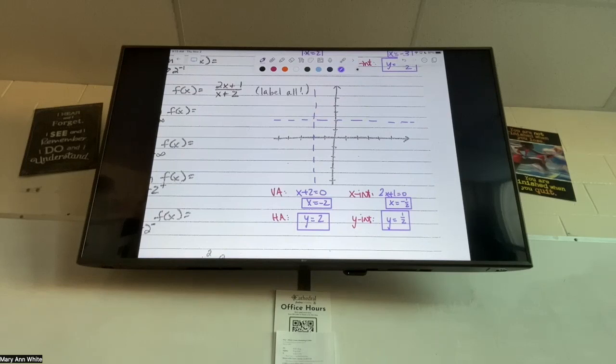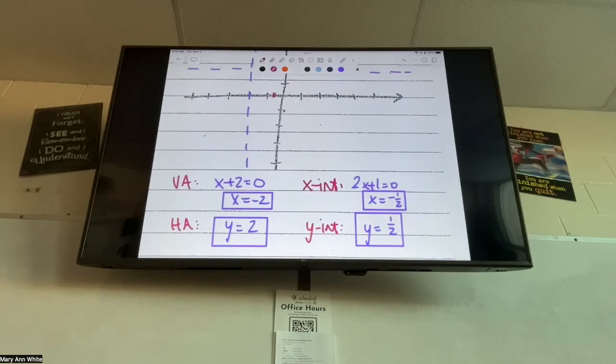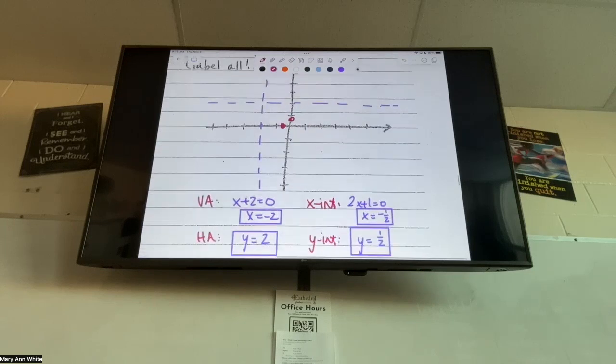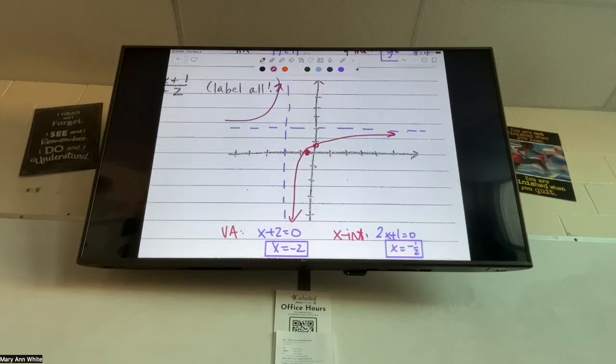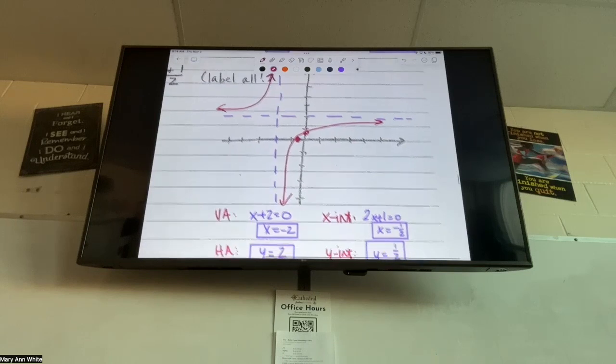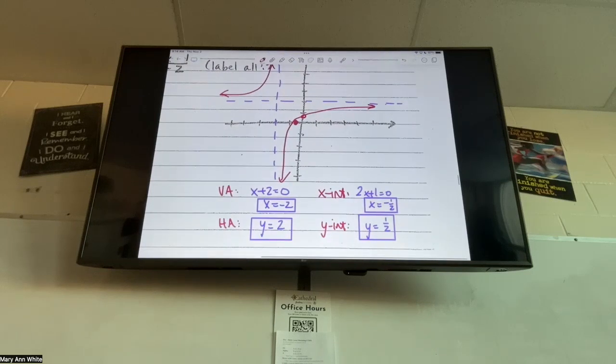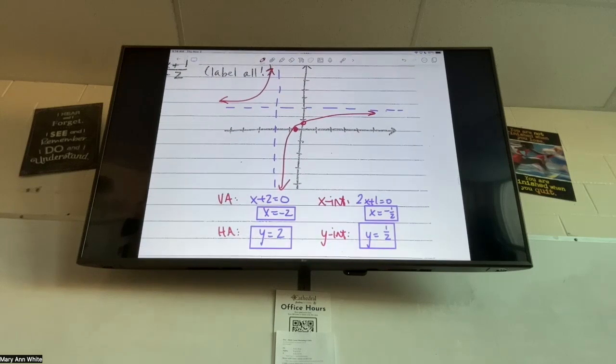VA is negative, H is positive. And my intercepts: x is negative 1/2, y is positive 1/2. I've got graph number 3 on the board now as well. So let's check in on that one.